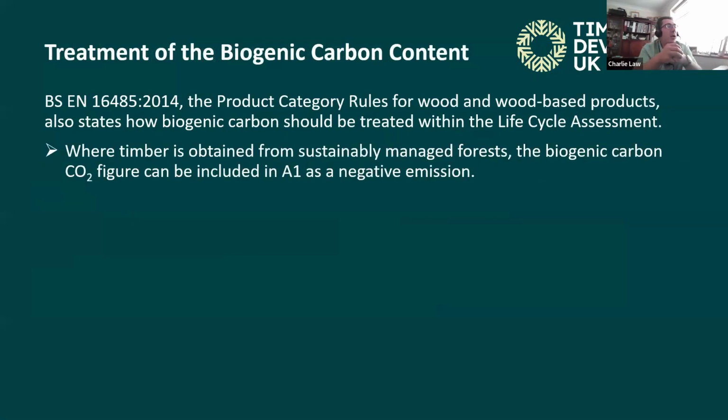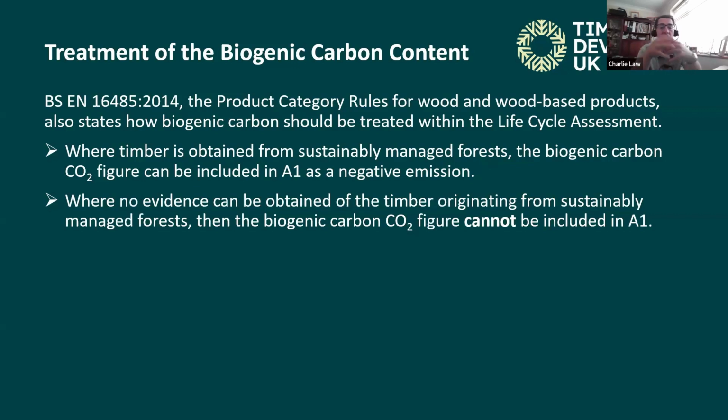Treating the biogenic carbon, the product category rules also set out how we can treat the biogenic carbon within a life cycle assessment. What it says is where timber is obtained from sustainably managed forest, the biogenic carbon or CO2 figure can be included in A1 as a negative emission. But where no evidence can be obtained of the timber originating from sustainably managed forest, then the biogenic CO2 figure cannot be included in A1.